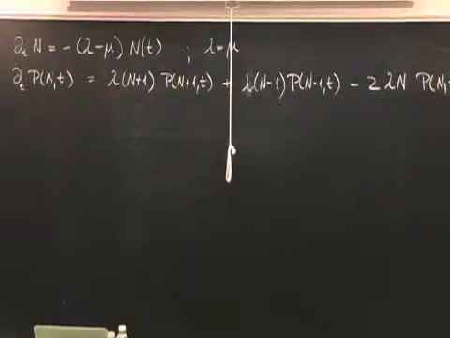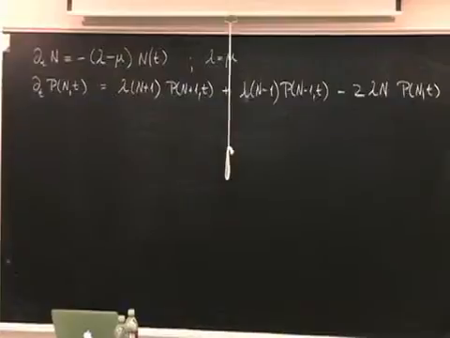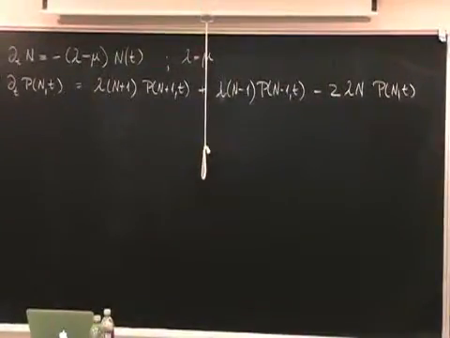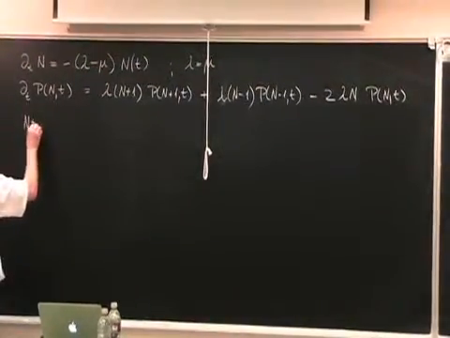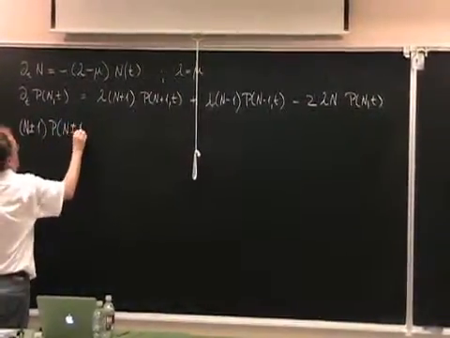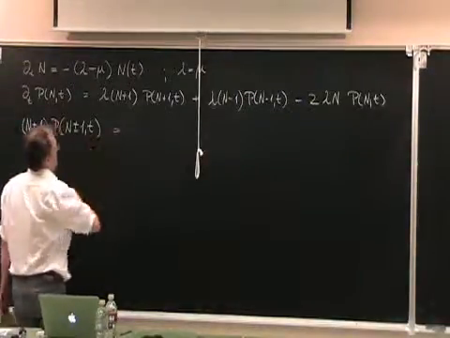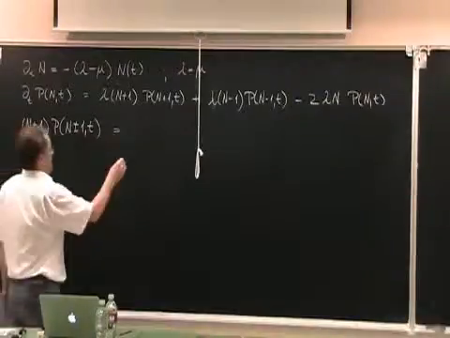Now I know you can solve this exactly with generating functions, but that's not what we want to do here. I want to look at this equation in a very simplistic way and just Taylor expand the expressions which we have here. So I look at the expression n plus minus 1 times p of n plus minus 1 and t, and simply, without caring too much about the mathematical feasibility of that approximation, I write down a Taylor expansion of this expression.